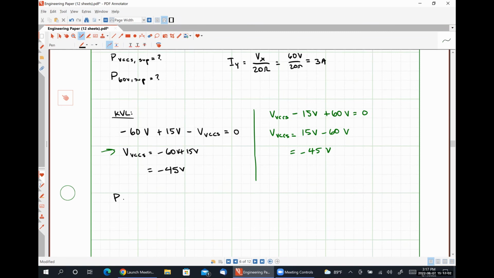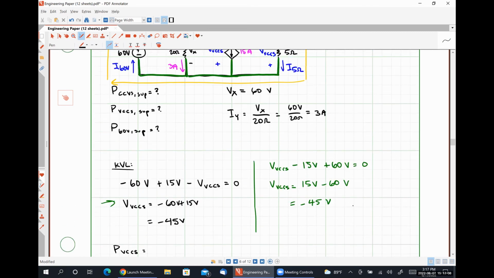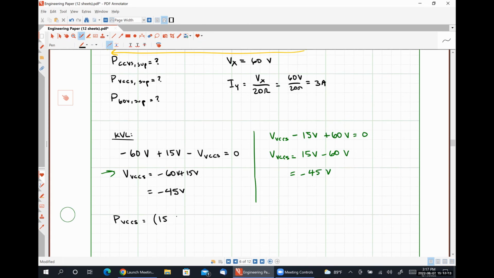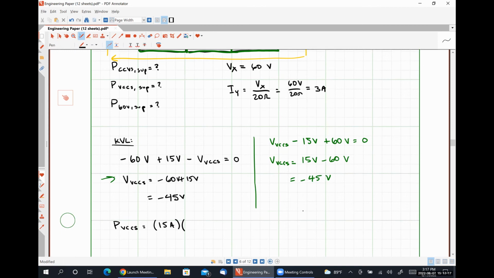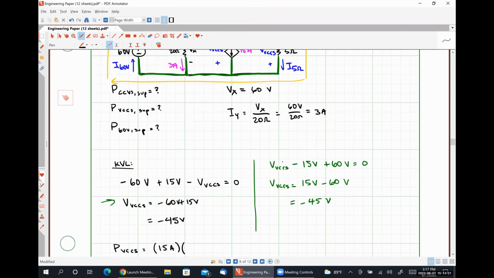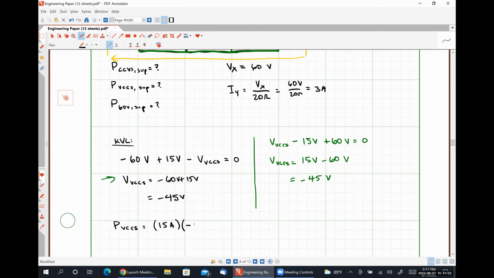So VCCS is the current flowing through the voltage controlled voltage source, which is 15 amps. And the voltage drop over the current controlled voltage source, we get to be negative 45 volts.